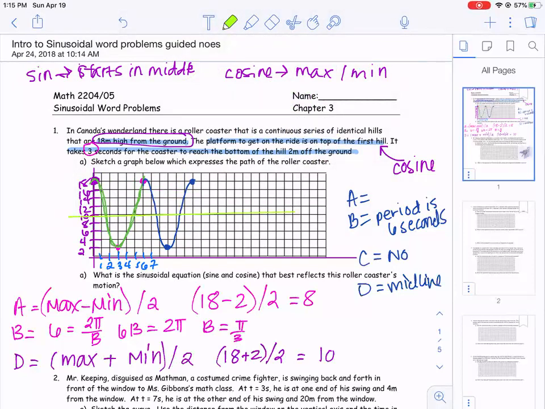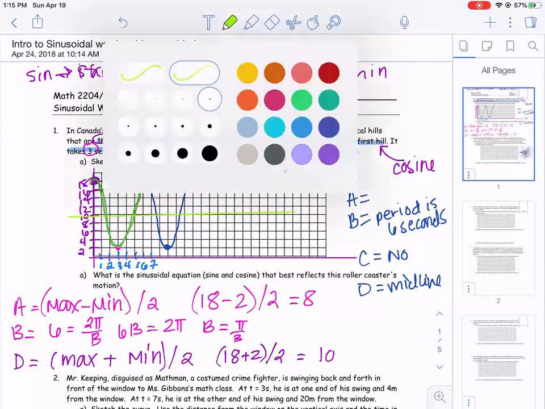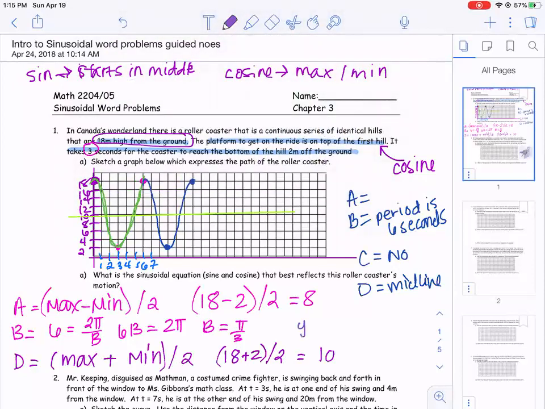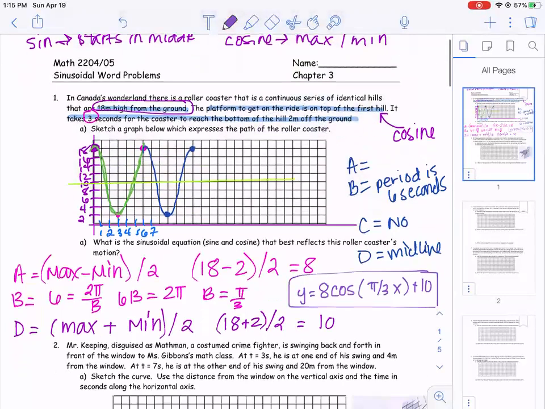So our midline is y equals 10, and our D value is just 10. Okay, so we've got all this information, and I just need to put it into an equation. So y equals 8 times cosine of pi over 3 x plus 10.